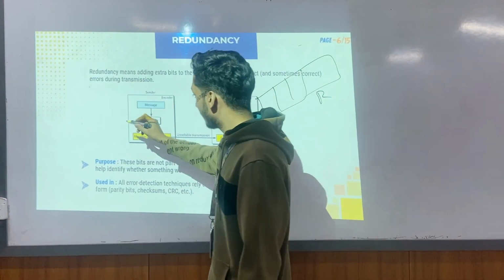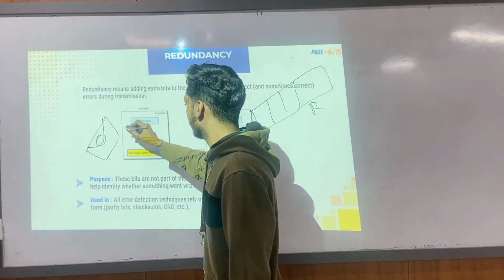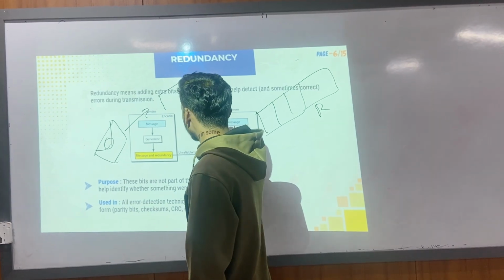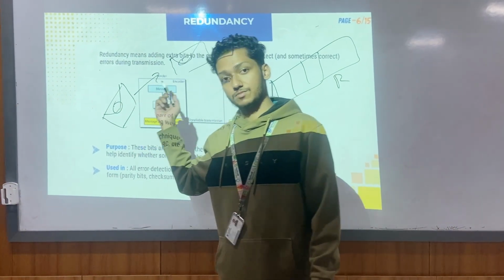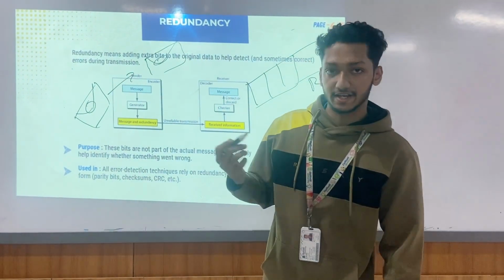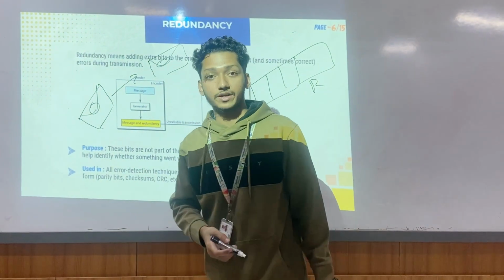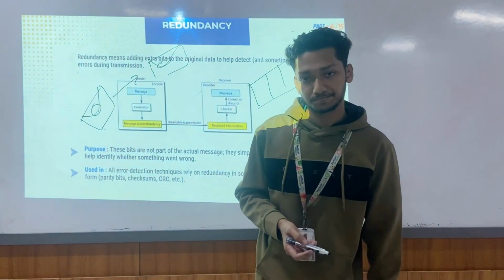It's like a message with a seal on it. When the message is sent, the receiver checks whether the seal is broken or not. If the seal is broken, that means the message is corrupted and we request it again. If the seal is not broken and remains the same, then the message is not corrupted.